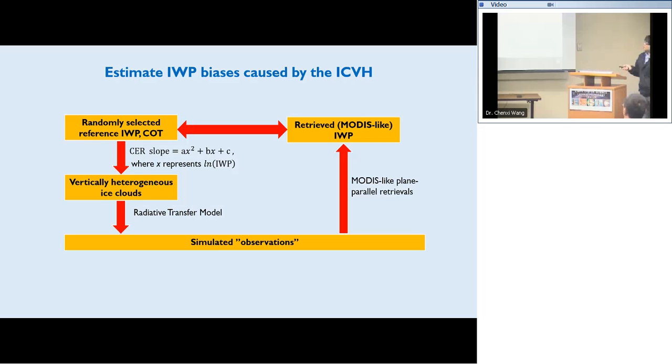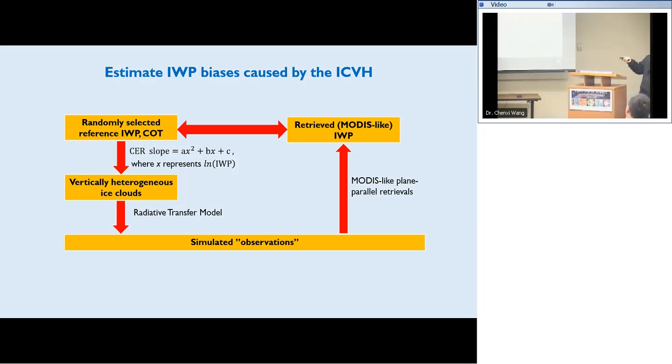And then we need to find out the relationship between the reference IWP and the retrieved IWP. To do this, we start from a randomly selected IWP and COT pair. And then with the IWP, using the previous relationship we just derived, we can estimate the vertical distribution of CER.